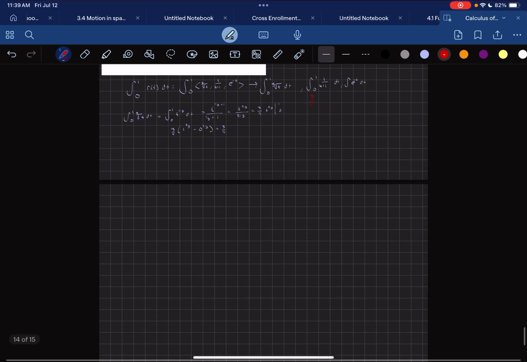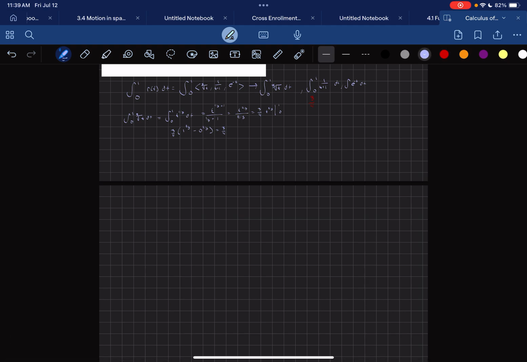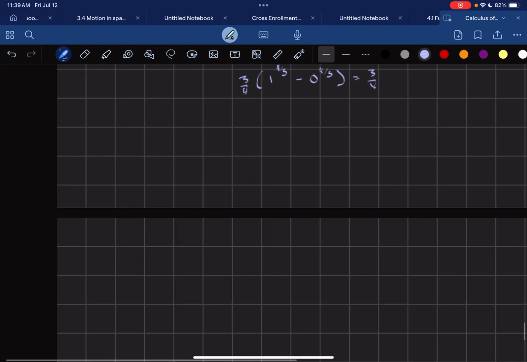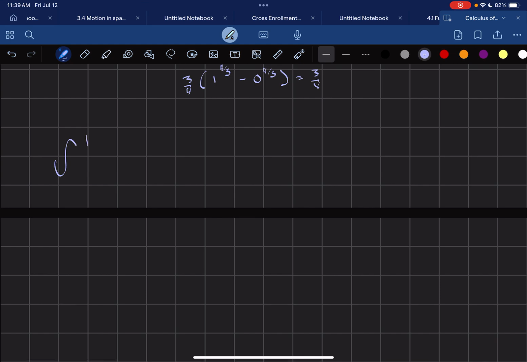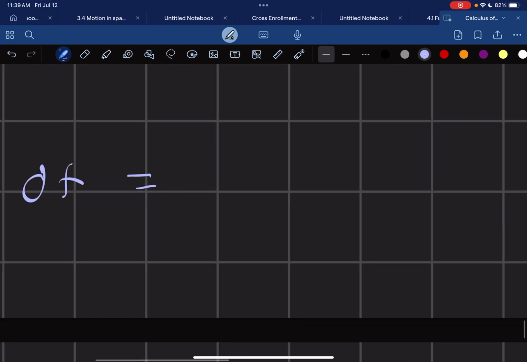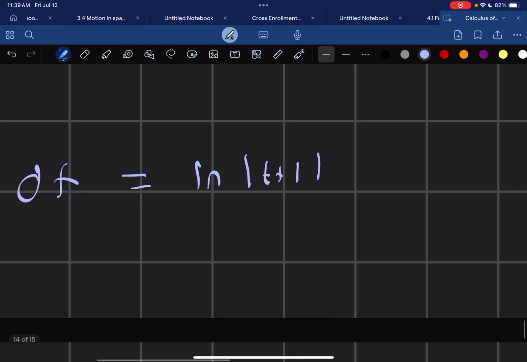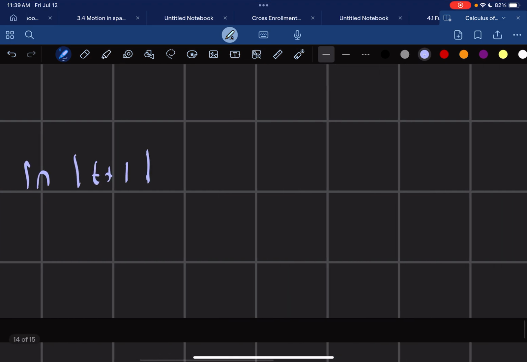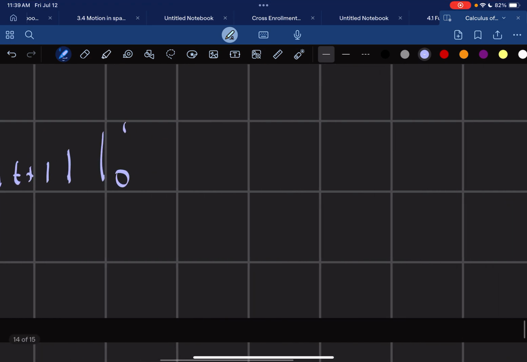Now let's keep on going. Now we have to integrate 1 over t plus 1. This is a logarithmic integral. If you know this, that would equal ln of t plus 1. Now we integrate that with bounds of 0 to 1.